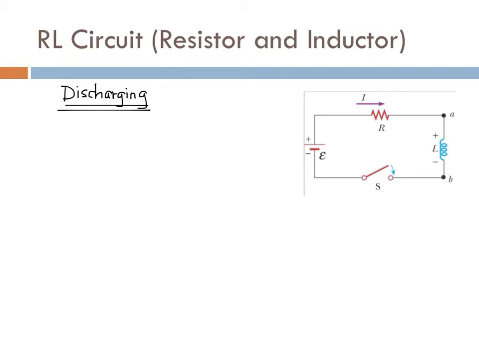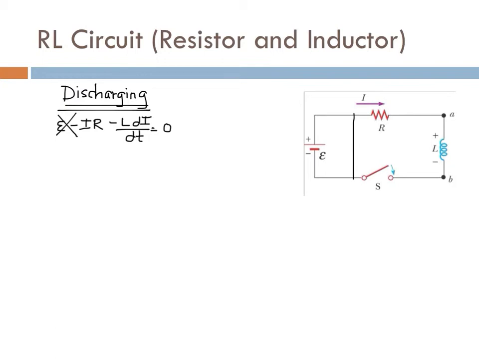So now we're going to look at the discharging function. Again, we can start with Kirchhoff's loop rule. The potential of the battery minus the potential across the resistor minus the potential across the inductor is equal to 0. Here, we no longer have our battery connected, which means we're adding a wire here. So the process is the same. You want to get dI and I on the same side.